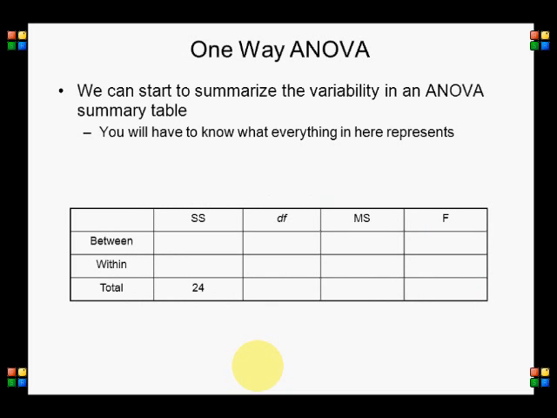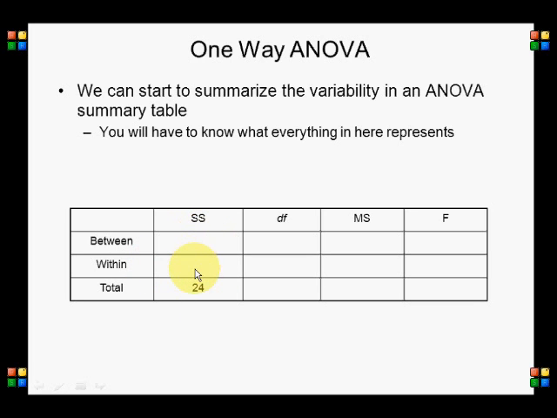Now, when we use ANOVA, we're going to be using this summary table that has 4 different columns and 3 different rows. First column is sum of squares, and there are between group sum of squares. In other words, the sum of squared differences that are due to between group differences, the sum of squared differences that are due to within group differences, and the total sum of squares.